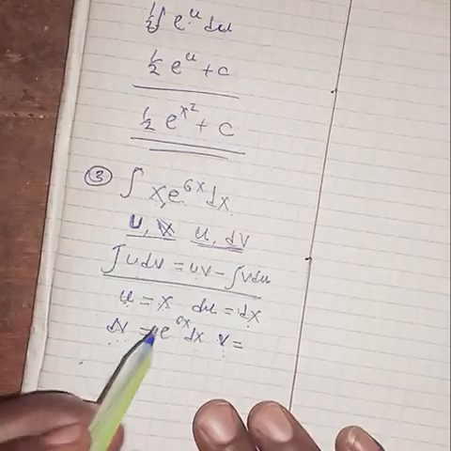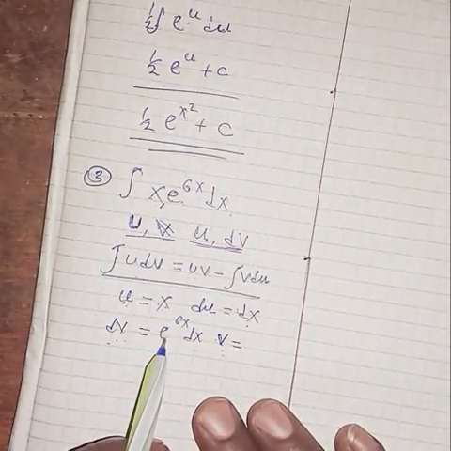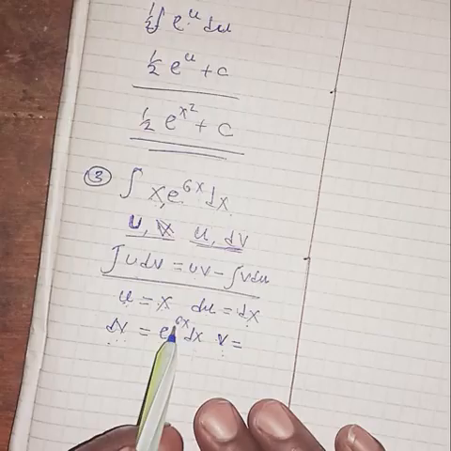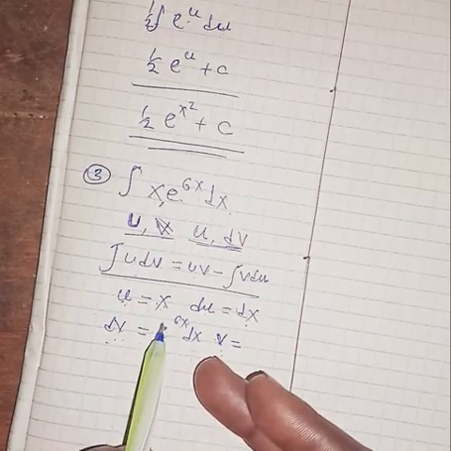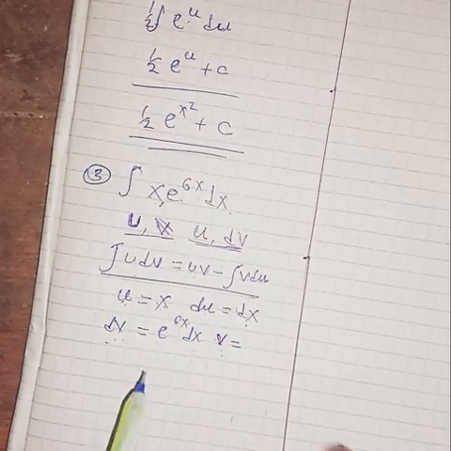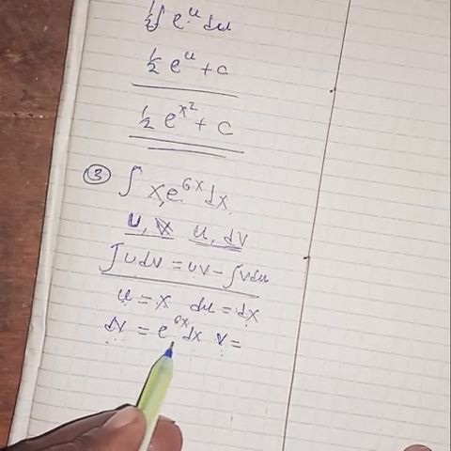Now look at this function. When you want to integrate e raised to 6x, or e raised to a constant times x, let's say 3x, 2x, you bring that constant to the denominator.